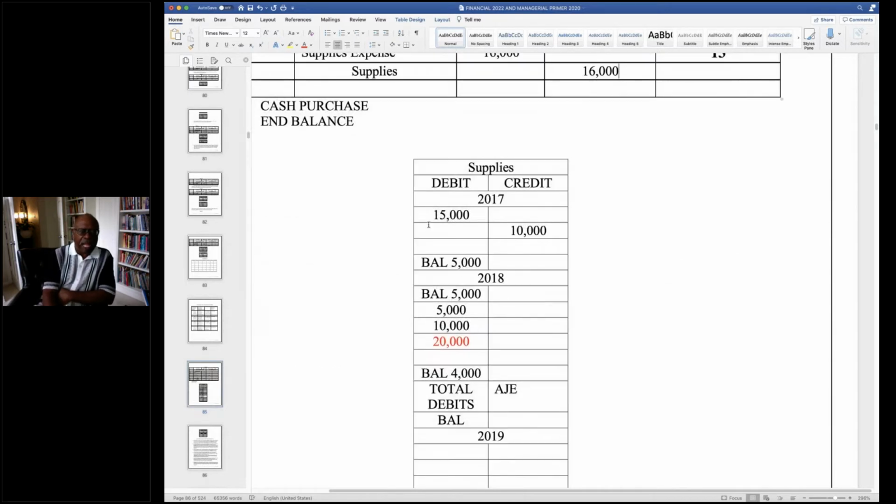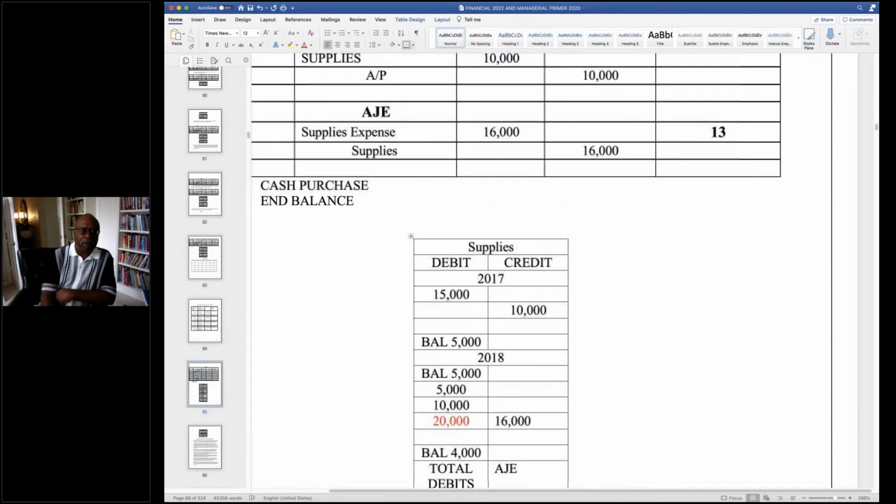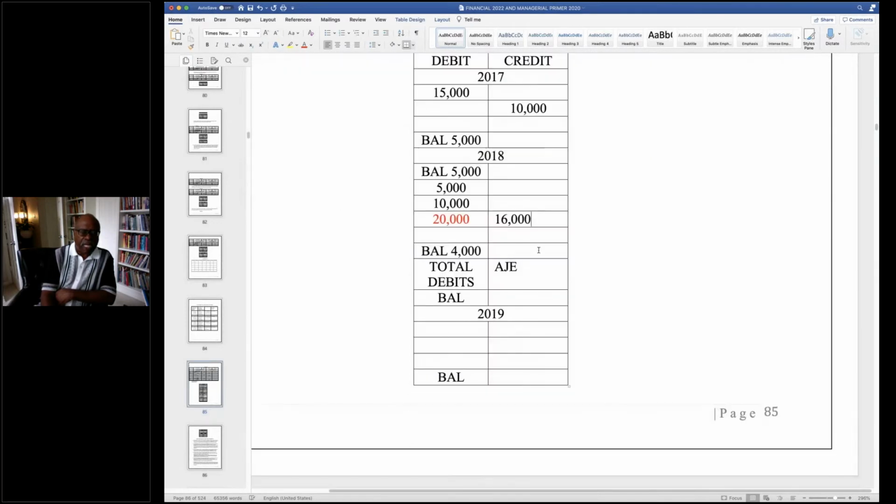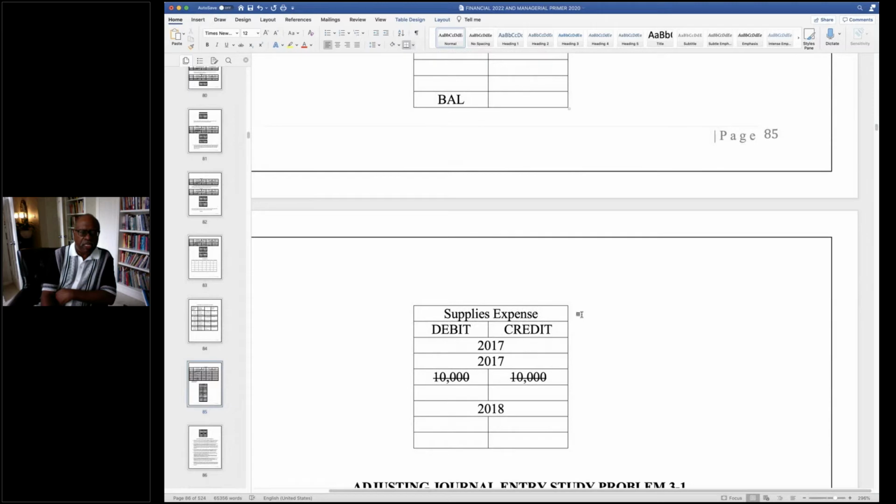We simply add our beginning balance, our cash purchase, and our purchase on account in 2018. So we had 20,000. 4,000 is in the account, so that difference, 16,000, is the AJE. And it's going to go into the expense account for 2018.